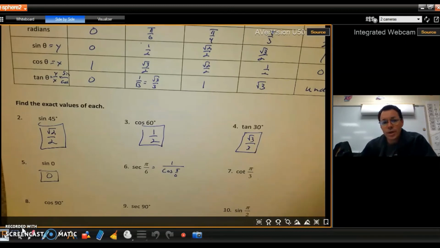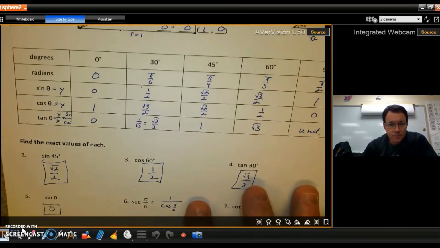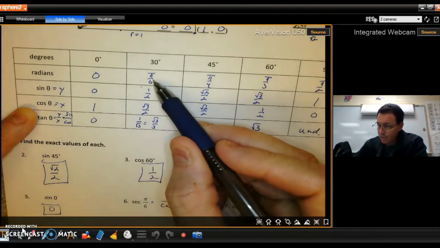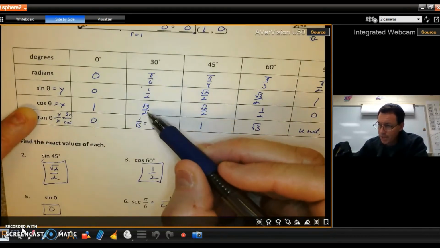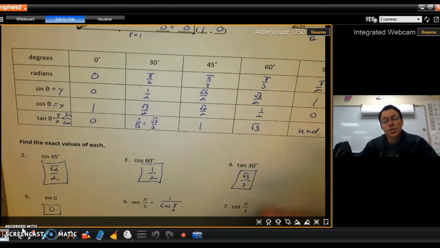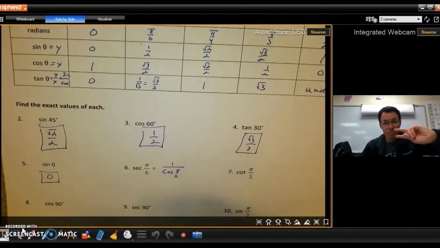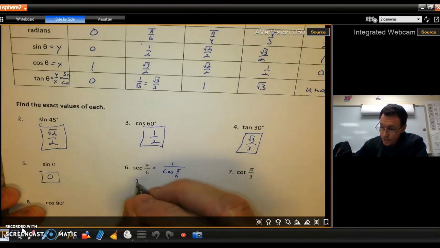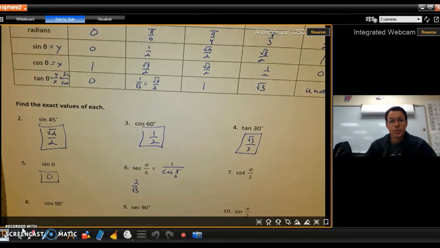So we're going to go to our chart. Cosine. Now, we're looking at the radians, pi over 6. Cosine of pi over 6 is radical 3 over 2. So we need to take that and flip it. Radical 3 over 2 is our cosine, so our secant is 2 over radical 3. Just write it like that, and then fix it.